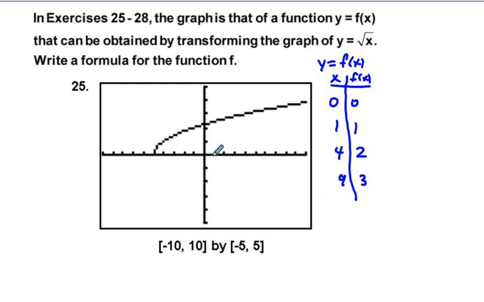So what we should see is this. We have 0, 0, 1, 1, 4, 2, and finally 9, 3. So something like this.